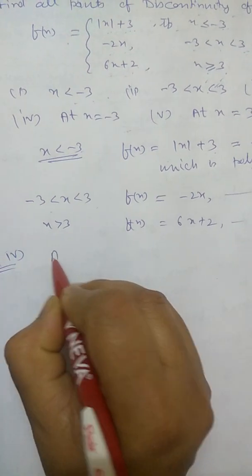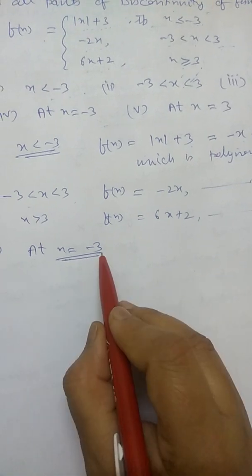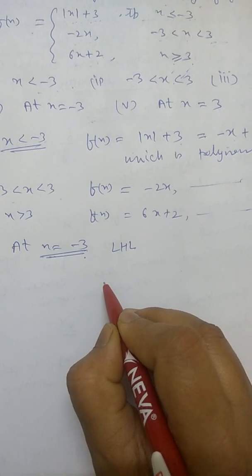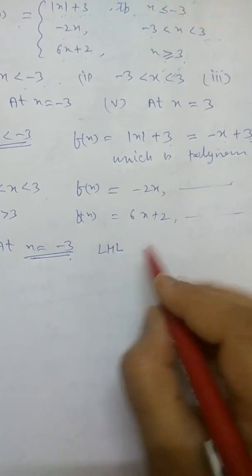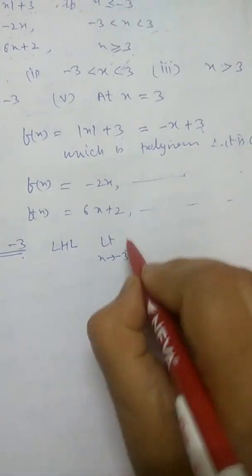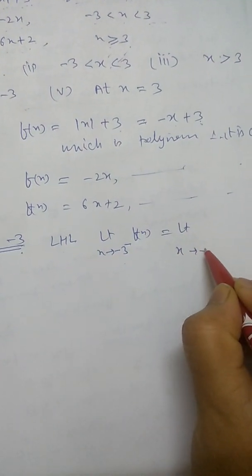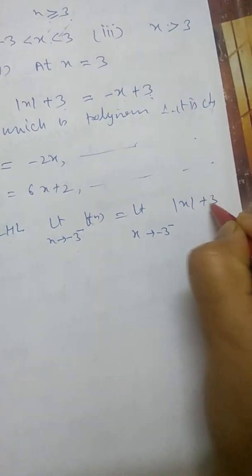Fourth case, at x is equal to minus 3. For this particular value minus 3, we have to find left hand limit, right hand limit and the value of the function. For the left hand limit, we have limit x tends to minus 3 negative f(x). For x less than minus 3, the function is mod of x plus 3.